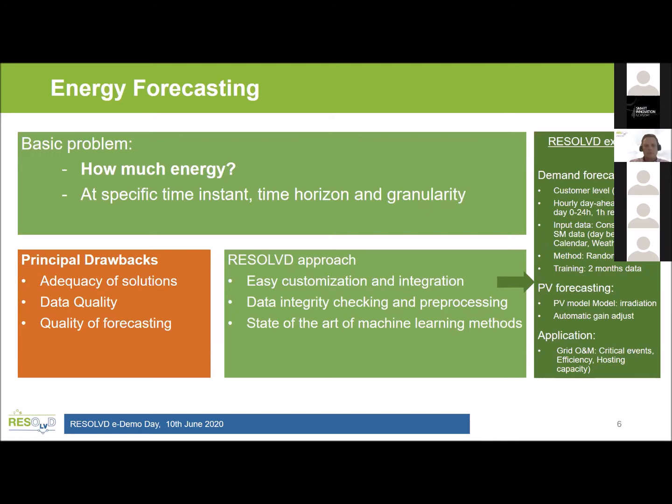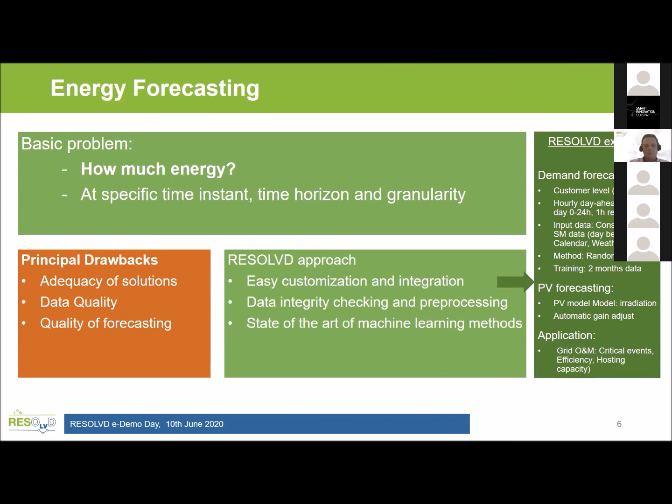We want to do day ahead forecasting, but the restriction is that the data we had for doing the forecasting was the data from the day before, because the data is consolidated at this time. So this is a problem, and we should deal with this.